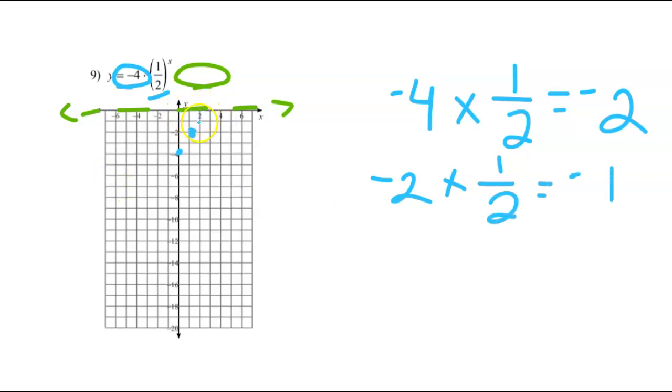So I go forward again, go down 1. And it is going to end going towards the asymptote. Anytime I have a fraction, it ends going towards the asymptote. And I'm going to explain a little bit more in a second video, but this should help you understand how to actually graph.